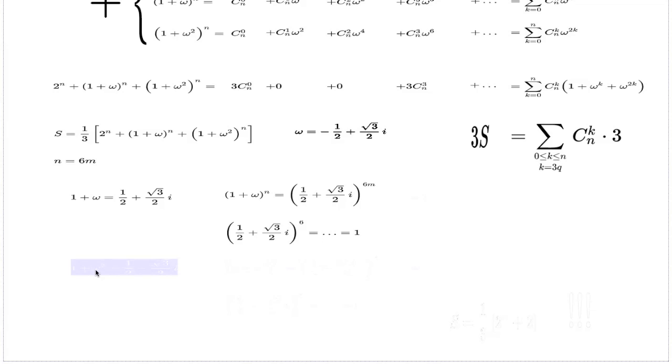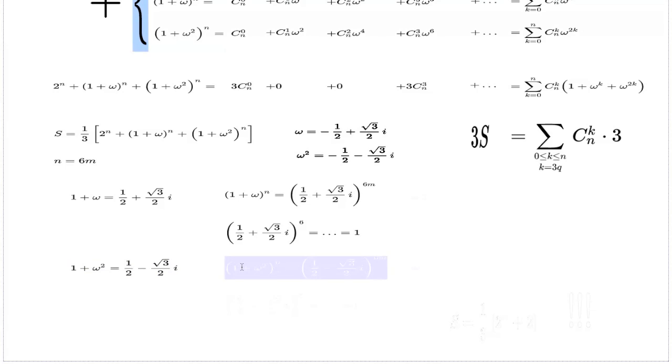Now, the same story goes about this bracket. If you take 1 plus omega square, it will be just 1/2 take away root 3 on 2 i, because omega square, we computed it up there. Omega square was something like negative 1/2 negative root 3 on 2 i, something like this. So if you add 1 to it, that will be the result.